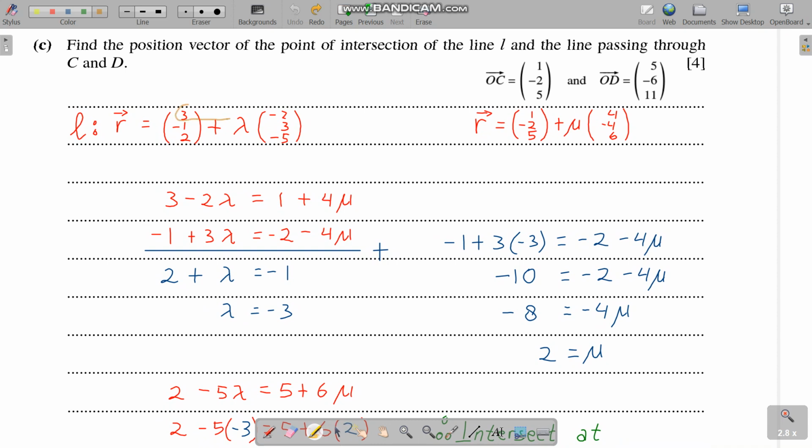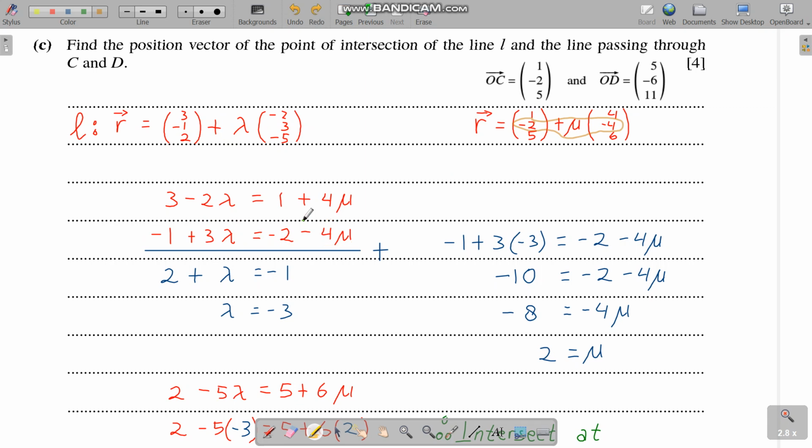So we do 3 minus 2 lambda on the left equals 1 plus 4 mu on the right. That's from the x component. And now for the y component, minus 1 plus 3 lambda on the left, and on the right, minus 2 minus 4 mu.